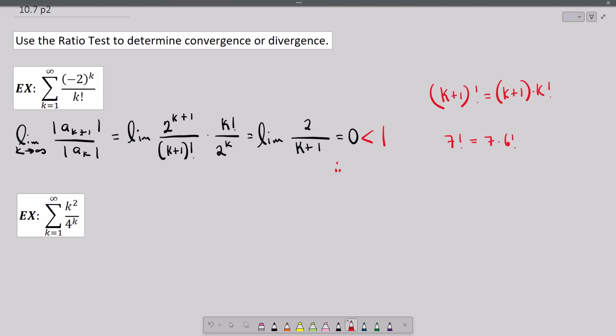So therefore we can be more specific and say absolutely convergent because we took absolute values. And we do have that theorem that says that any series that converges absolutely also converges regularly. So that series converges absolutely.